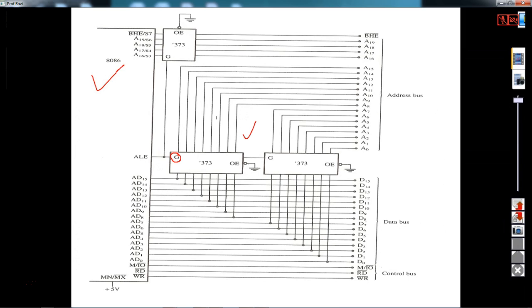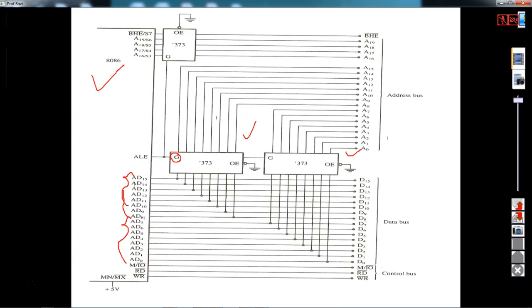The lower address lines AD0 to AD7, these 8 lines, are given to one latch, and AD8 to AD15 are given to another latch.